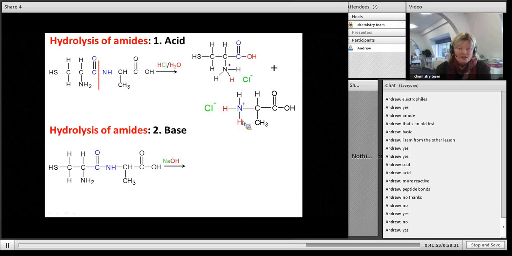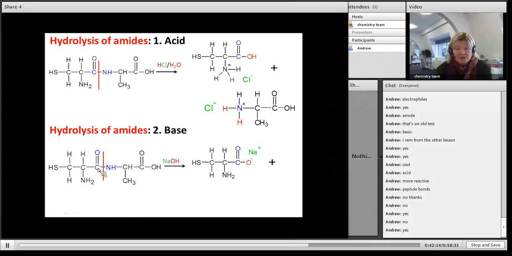That tends to come up nearly every year in some form. Under basic conditions, again I look for my peptide link, draw a line, and that OH always adds on to the carbonyl group. But because I've got a basic solution, it will take the hydrogen off that carboxyl group and make it a salt.